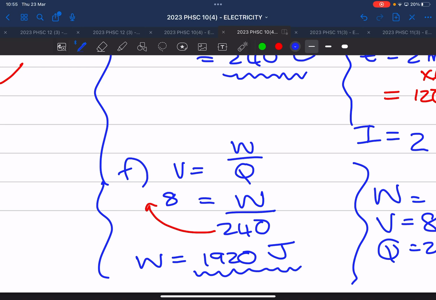Yakano, how many kilojoules is 1920 joules? No, just okay. Use your common sense. If this was 1920 meters, how many kilometers would that be? Shh.